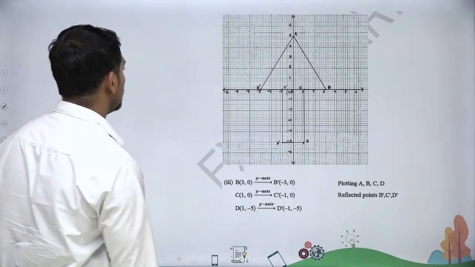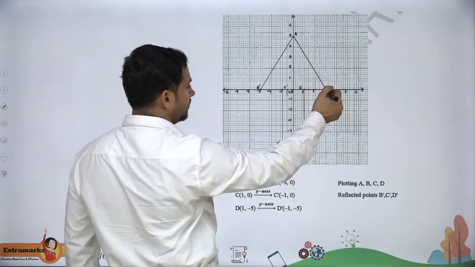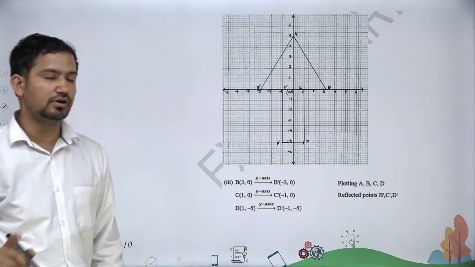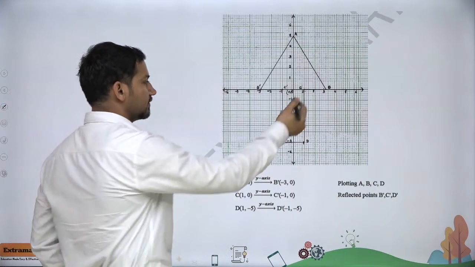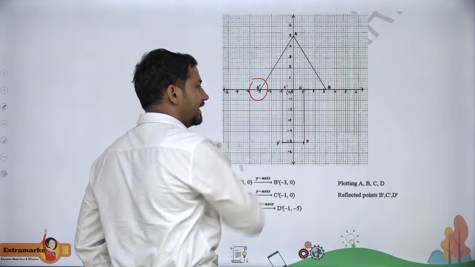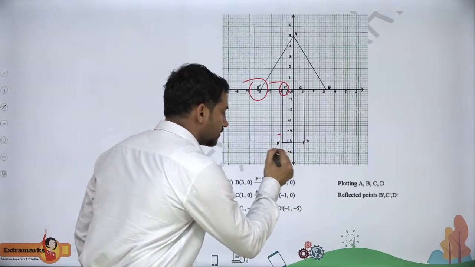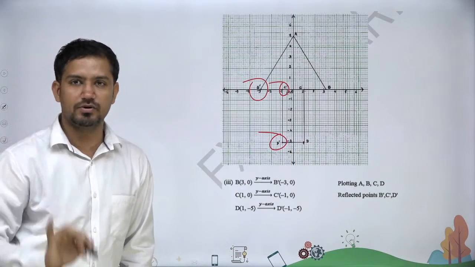Now, first of all, this is point A, this is point B, this is point C, this is point D. We have to draw all these points. Now, reflection of B is on this side, so this is B dash. Reflection of C is on this side, so it is C dash. Reflection of D is this. See, these all are the reflection points.